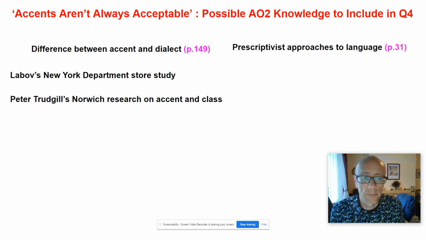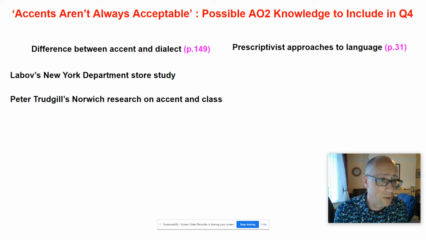So remember William Labov trudging around in the 1960s, various floors of New York department stores, some of them very upmarket, some middle market, some lower market. And he very much traced this relationship between people's accent features and their social class. He was looking particularly at the post-vocalic R phoneme. So you could make some mention of that in some way.